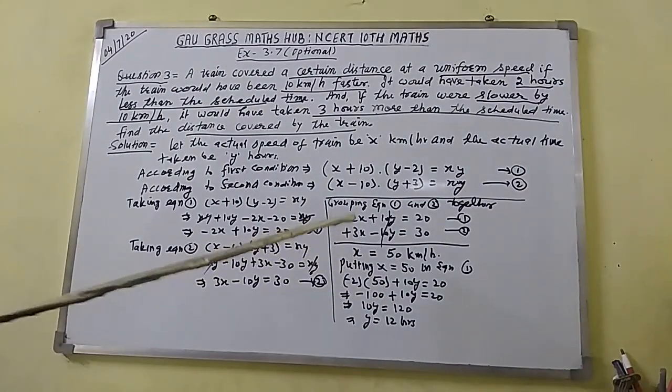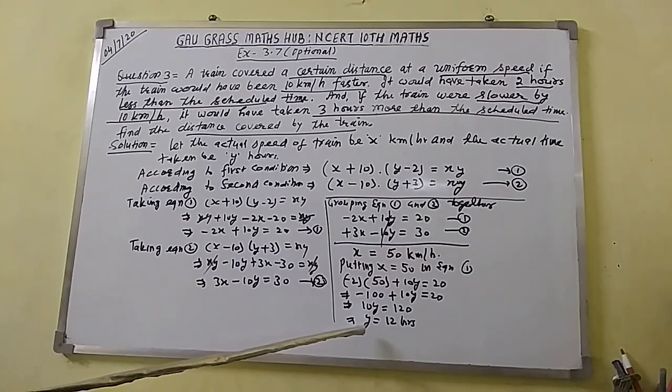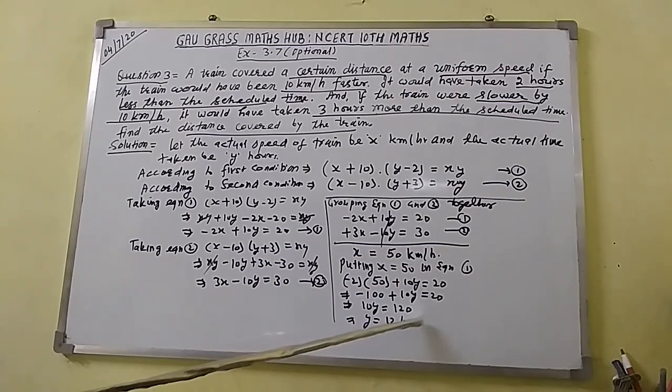Here you got x equal to 50 km per hour and y equal to 12 hours.